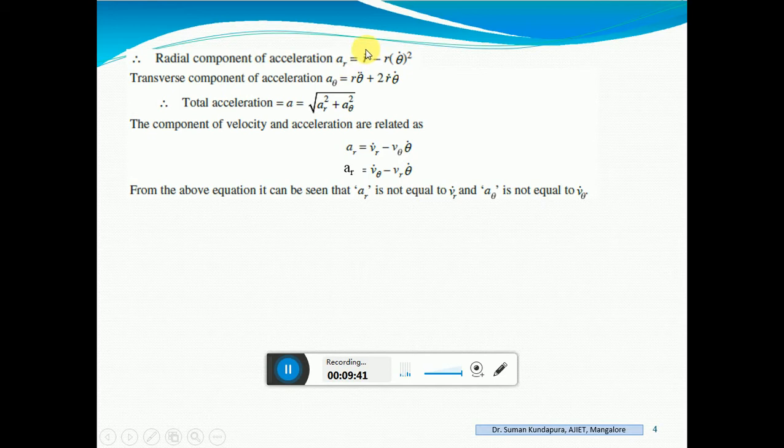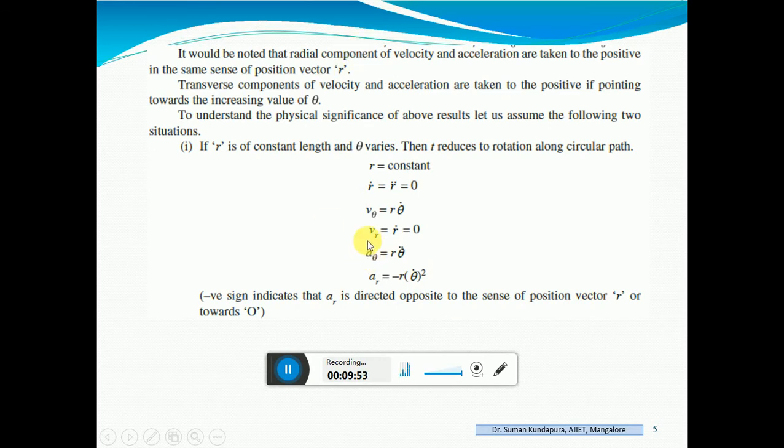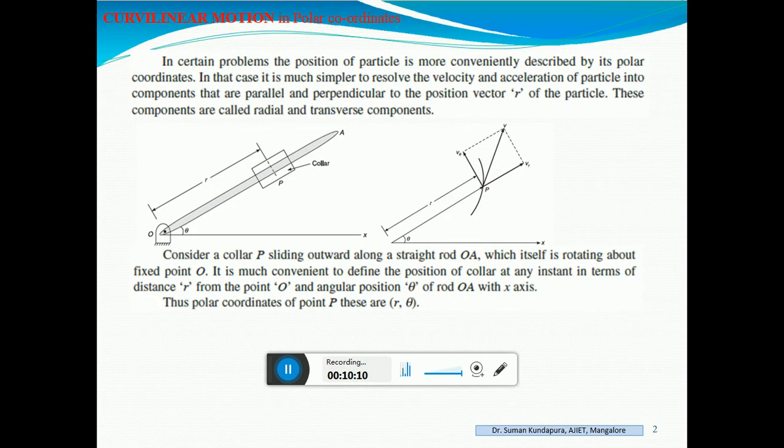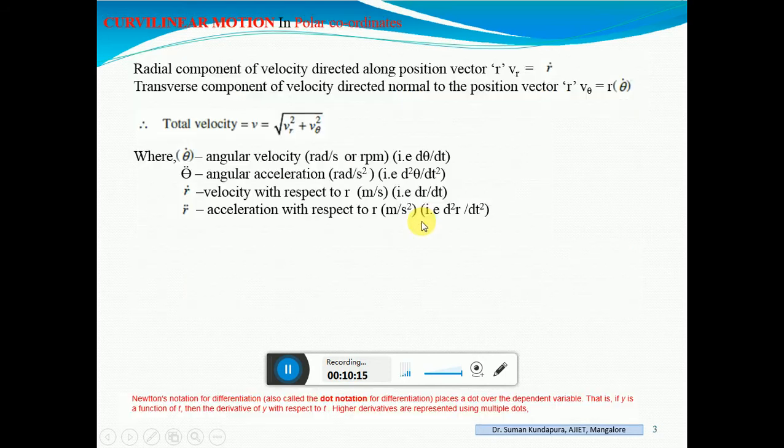Ar is equal to r double dot, which is 0, minus r into theta dot square, so only the minus term remains. Please note that the negative sign indicates that Ar is directed opposite to the sense of position vector r, or towards O. Since we got negative acceleration, it is in the opposite direction.